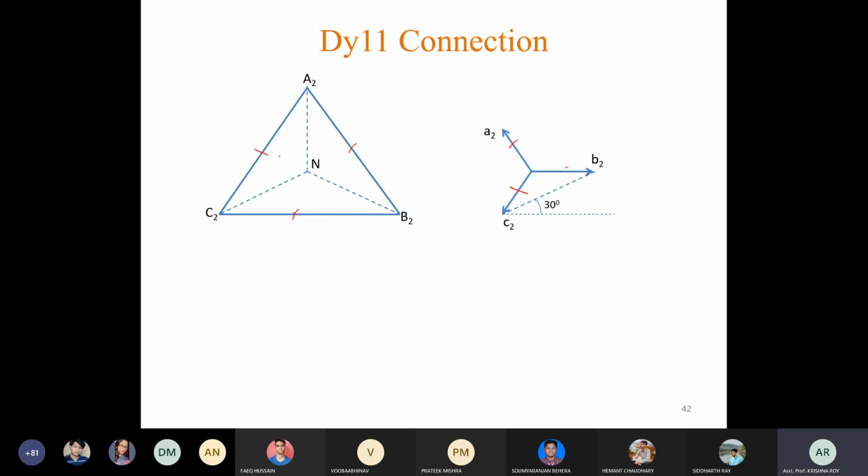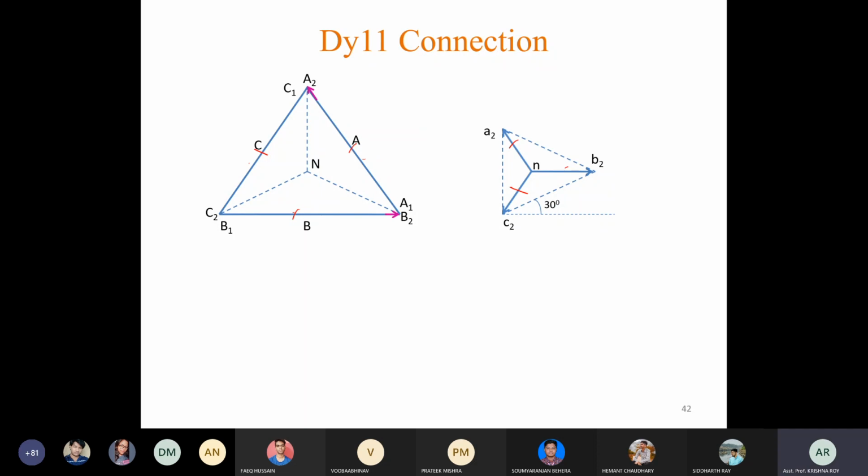Accordingly we have to assign the terminals: B1, then A1, A phase, C1, C phase. In the earlier connection, this was C phase, this was B phase, and this was A phase. Now see, the position of phases has changed, but the vertices A2, B2, C2 remain fixed.